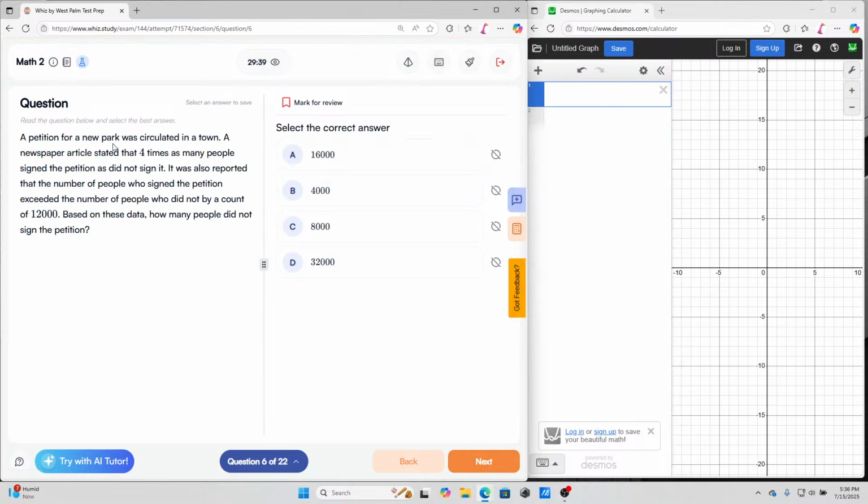A petition for a new park was circulated in town. A newspaper article stated that 4 times as many people signed the petition as didn't sign it. Okay, so we're gonna use S for sign and D for did not sign. So S is equal to 4D.